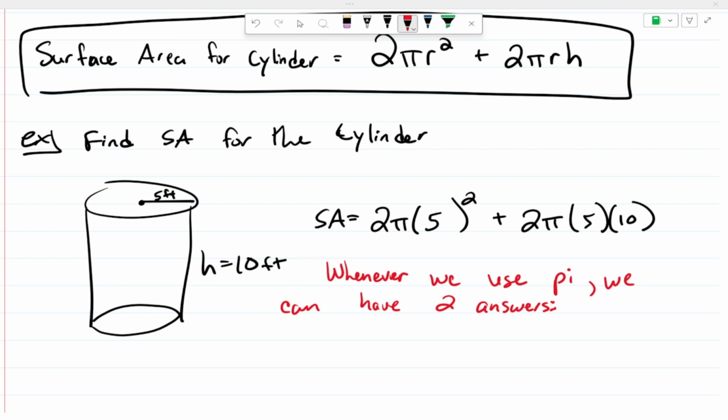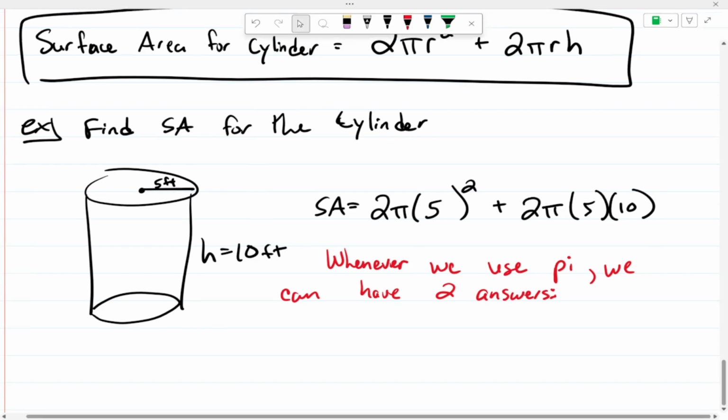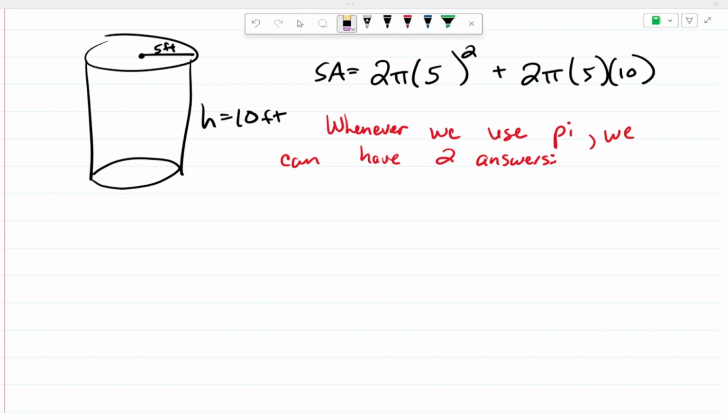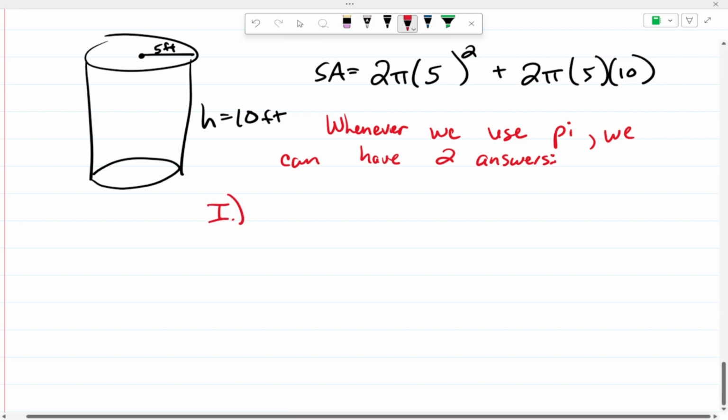Now, the next thing I'm going to show you here is very, very important. Whenever we use pi, we can have 2 different answers. Now, what I mean by different is they're not going to be incorrect, all right? Not like one's correct and the other's incorrect. We get 2 types. The first type is called an approximation.